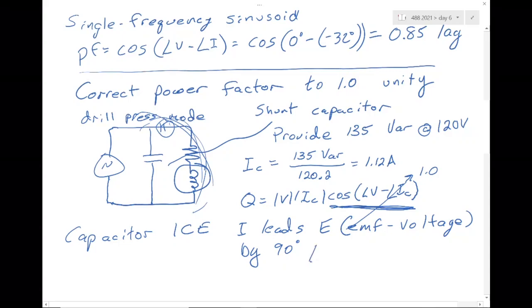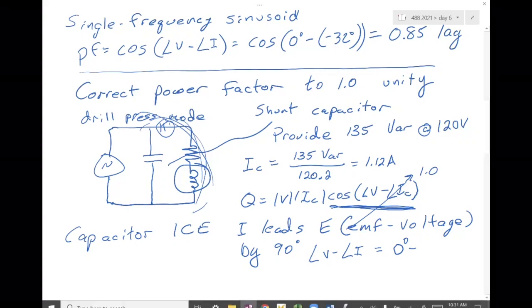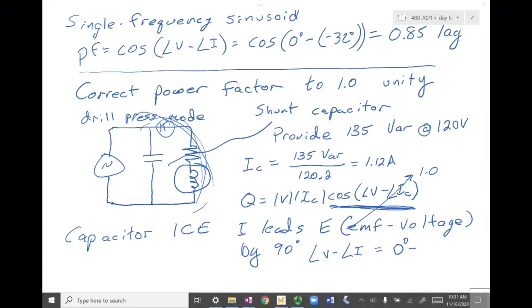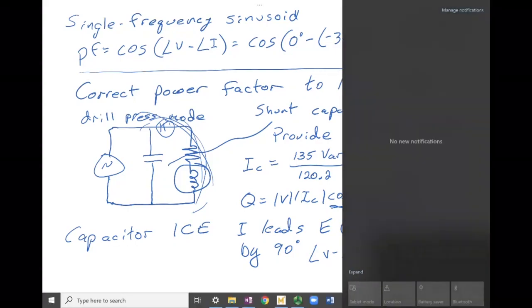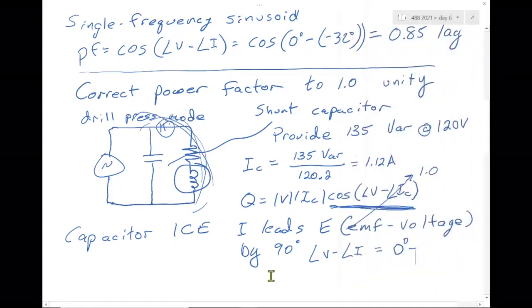90 degrees. So angle on voltage minus angle on current is, if we call the angle on voltage 0, and we call the angle on current 90, and yes, I have an error, and now my computer is falling apart, probably because of that.